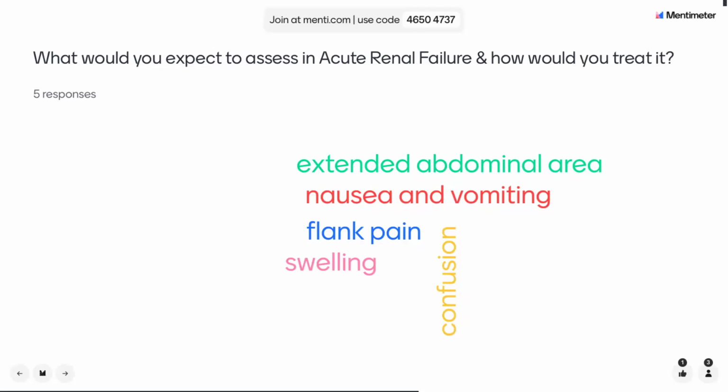We might need to restrict some fluids depending on what abnormalities we're seeing. So we're focused on correcting those imbalances. Also, if we're not feeling well, we're nauseous and vomiting, we're going to need some nutritional support along with that.